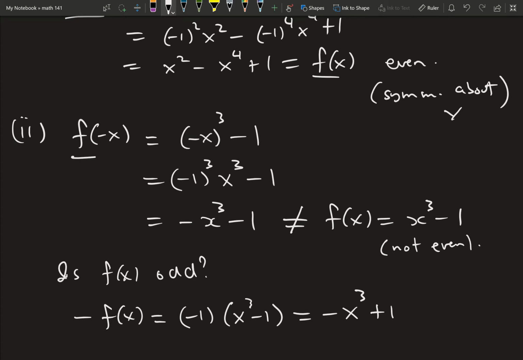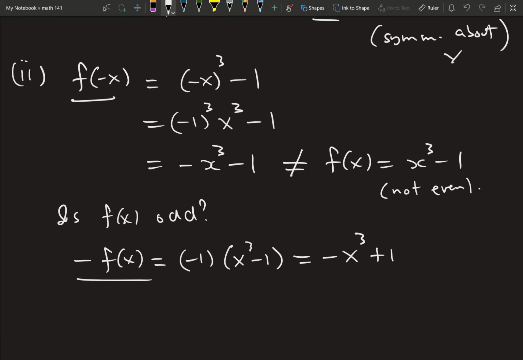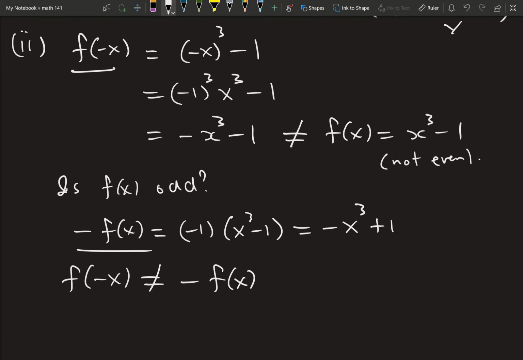So f of negative x is not the same as negative f of x. So note, f of negative x does not equal negative f of x, nor does it equal f of x. So this one is hence neither.